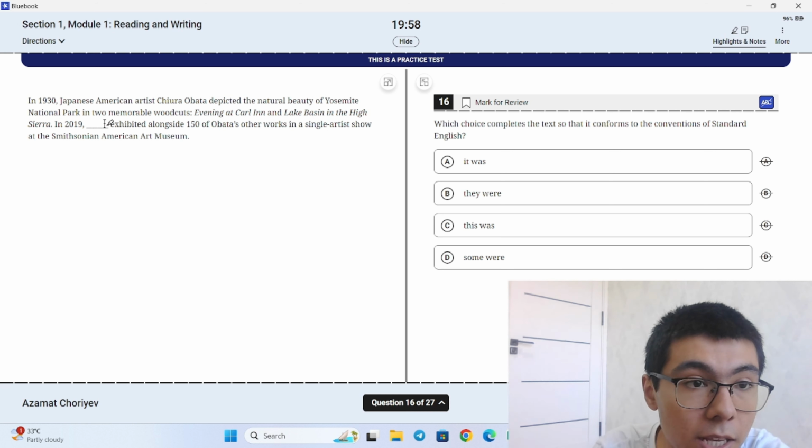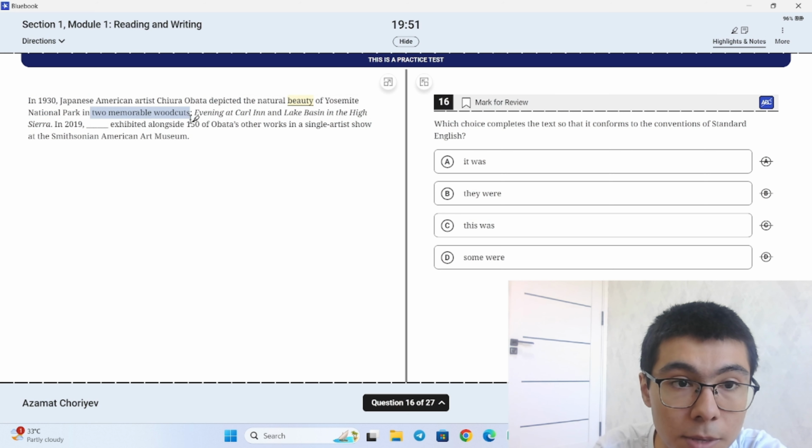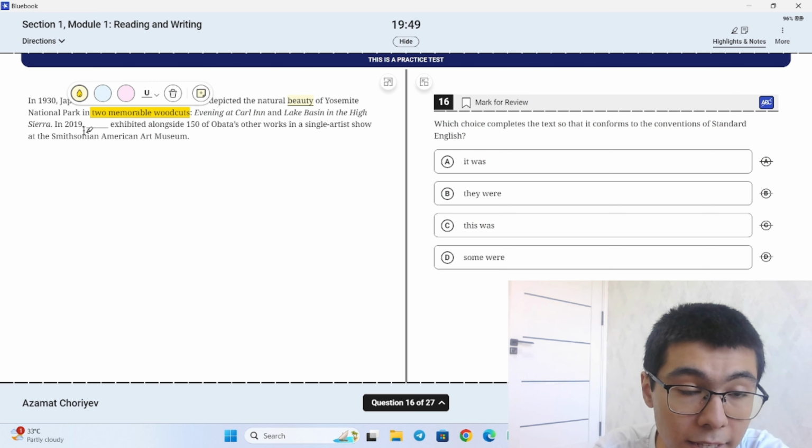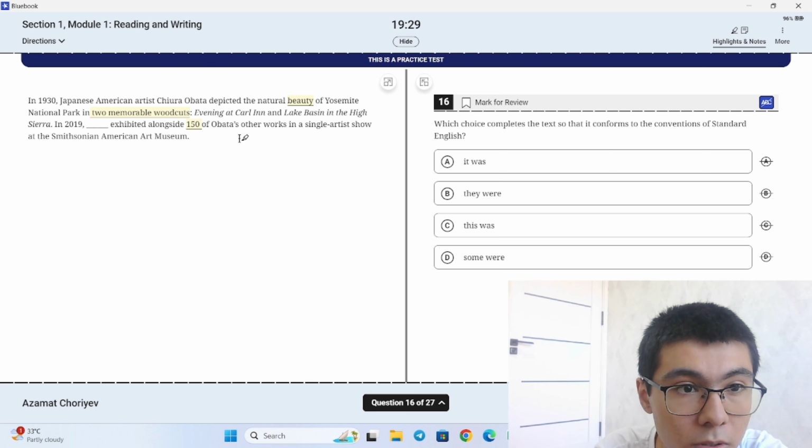Question number 16. In 1930, artists depicted the natural beauty of the park in memorable woodcuts. In 2019, alongside 150 of Obata's other works, depicted in other works as well.